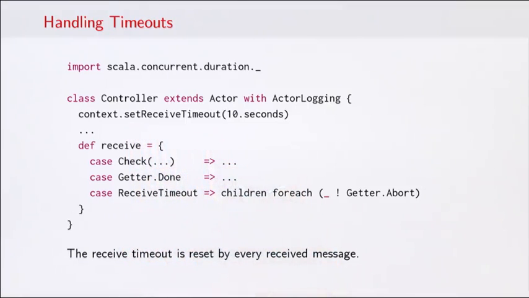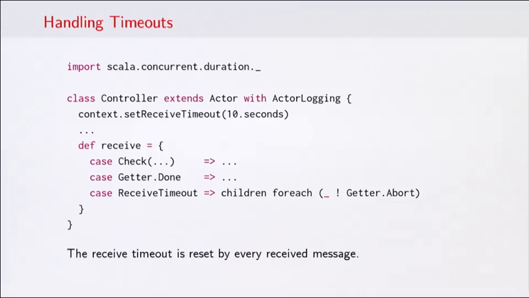This receive timeout is a timer which is reset or restarted after the processing of each message. So whether we get a Check or a Getter Done, or even this receive timeout, once we have processed it, the receive timeout will be reset again to 10 seconds.